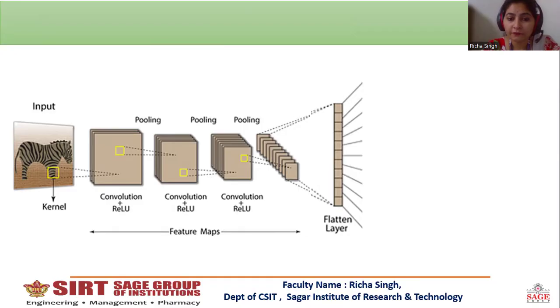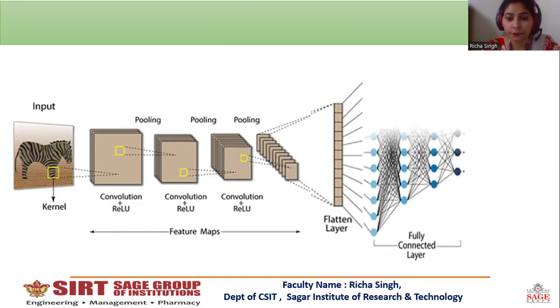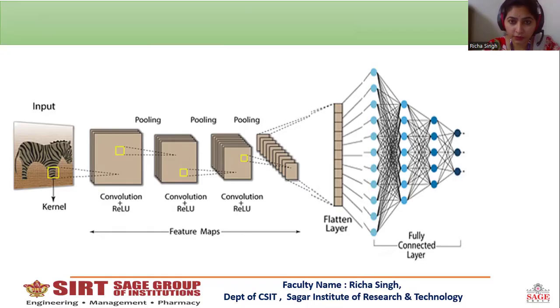It means that the different kinds of patterns, parameters and depth coming after the pooling layers, after the feature selection, the flattened layer's work is to convert all this depth into one dimension, then a fully connected layer. Here you can look at what exactly the fully connected layer is.